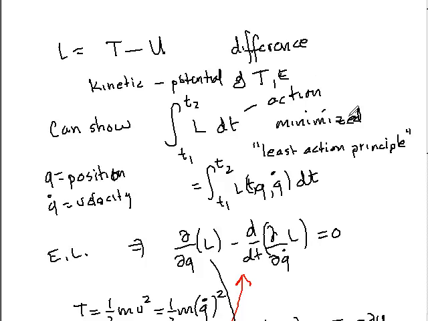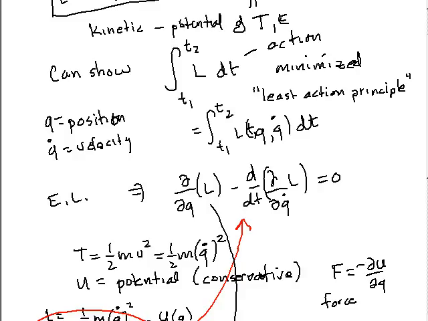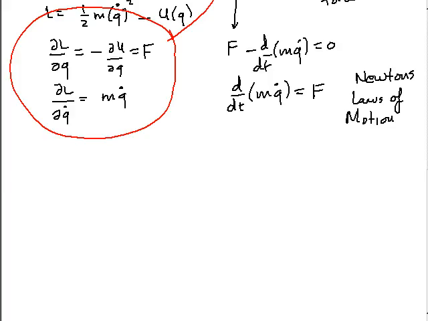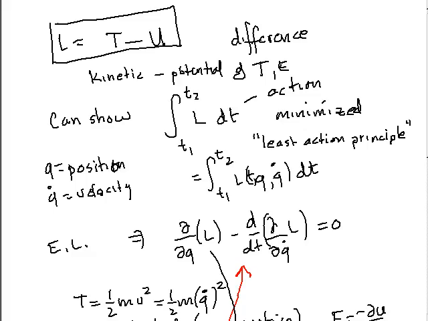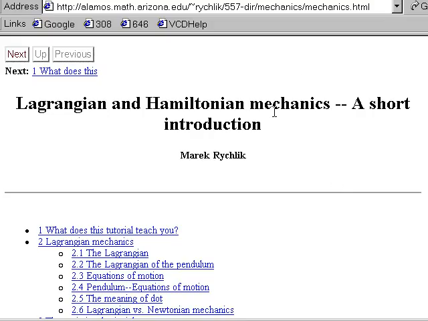So that's how the calculus of variations comes into physics: you can formulate the action as the integral of the Lagrangian, and you can actually derive the equations of motion by requiring that this certain integral be minimized. There's another formulation of mechanics called Hamiltonian mechanics, which I won't get into.